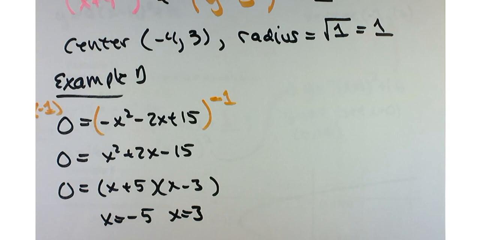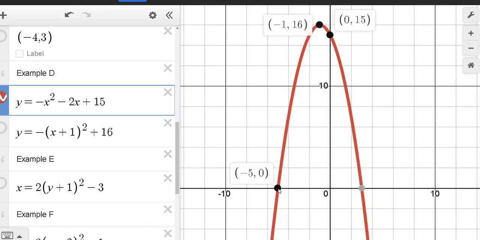Let's see how those line up with our graph. Negative 5 and positive 3. Yay, perfect. And there's your y-intercept as well. So it's got all the points that I would want to see. All right.